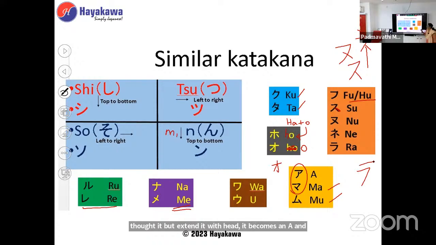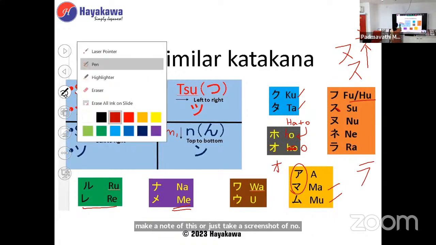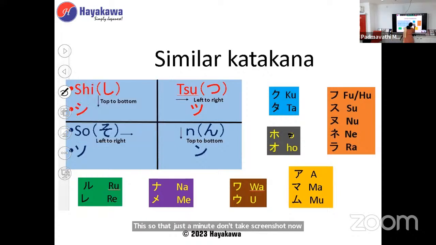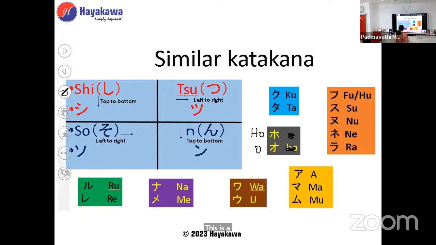You can make a note of this or take a screenshot, but just a minute, don't take a screenshot now. There's an error here: this is ho and this is o. Now you can take a screenshot to compare the similarities between the katakana letters.